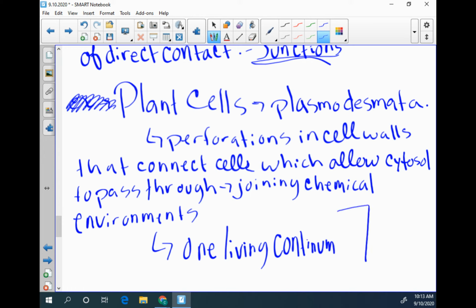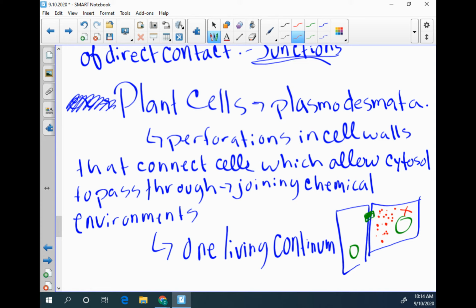So if this is a plant cell and this is a plant cell, this would be our plasmodesmata. So let's say something bad is happening in this cell. We'll just say that we got an increase in pH, right? We have no clue where this increase in pH is coming from.